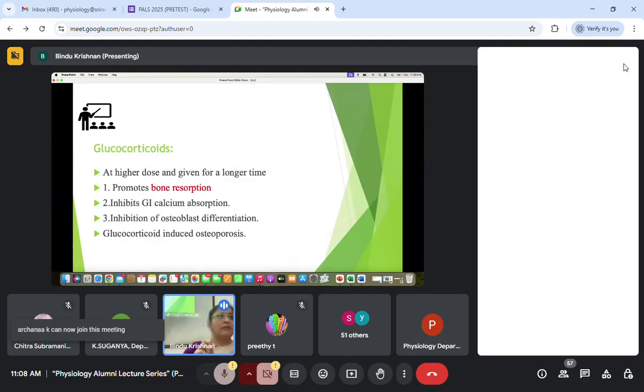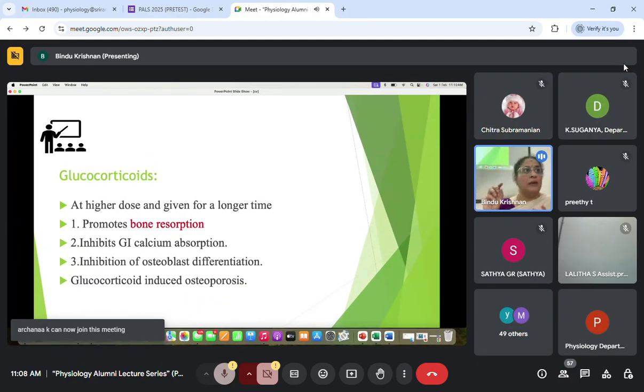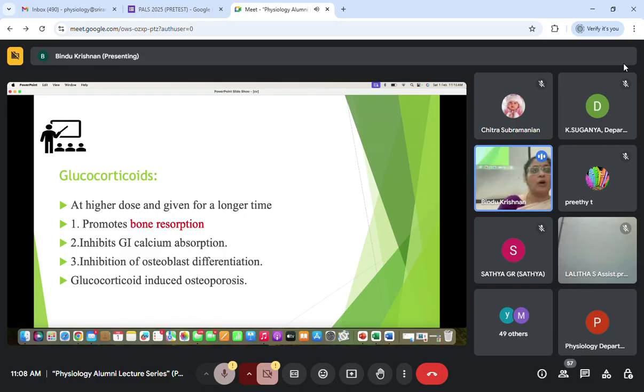The other important thing you will see is osteoporosis related to the continuous use of glucocorticoids. You know that steroids are given in a lot of conditions for their immunosuppressant function, but at higher doses and given for a longer time, they promote bone resorption, inhibit GI calcium absorption, and also inhibit osteoblast differentiation.